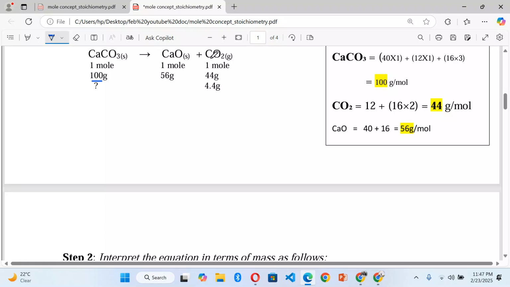Now in this case, since our emphasis is on mass, we are saying 100 grams of calcium carbonate decompose to produce 44 grams of carbon dioxide gas. We are not talking about the calcium oxide. Why? It is not our major point of emphasis. Our major point of emphasis is on carbon dioxide and calcium carbonate.